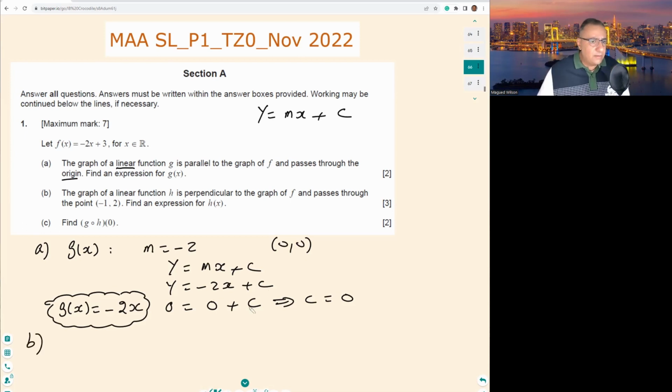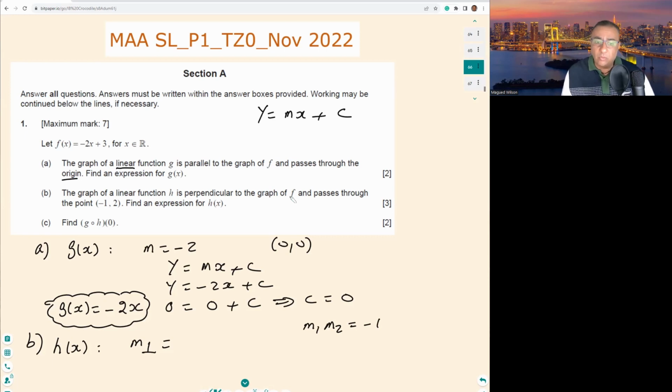Now part B: the graph of linear function h, another function that is a straight line, is perpendicular to the graph of f. Remember, the slope of a perpendicular line is found by flipping the slope and changing the sign. In other words, the product of the two slopes, m1 times m2, equals -1 when the lines are perpendicular.